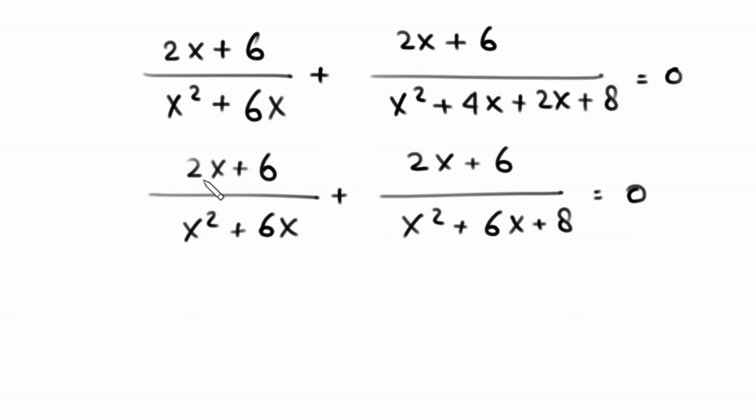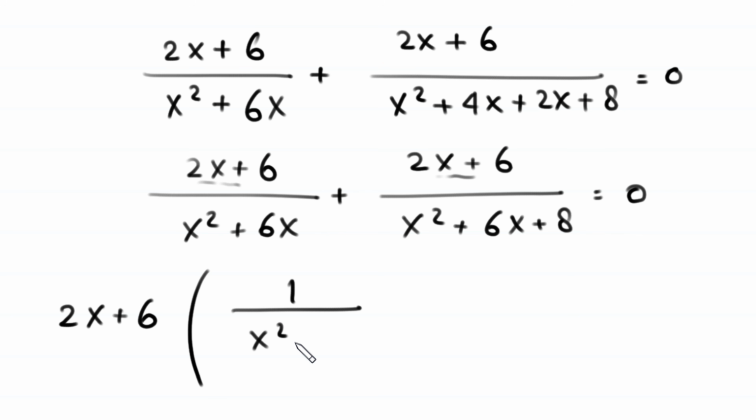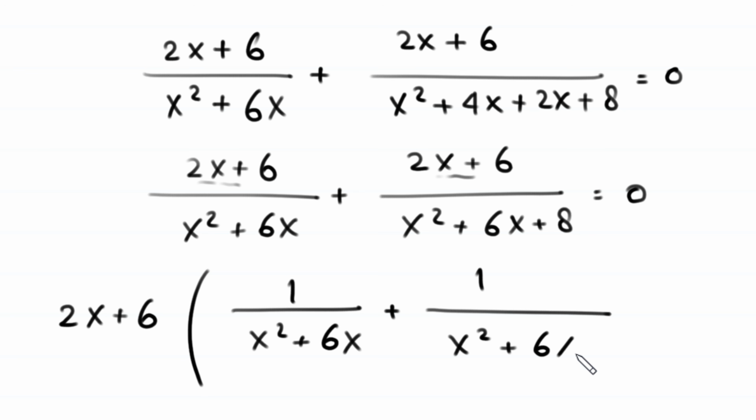You can see that 2x plus 6 is a common factor, so we factor out this 2x plus 6, and in the bracket we are left with 1 divided by x squared plus 6x, plus 1 divided by x squared plus 6x plus 8, equal to 0.